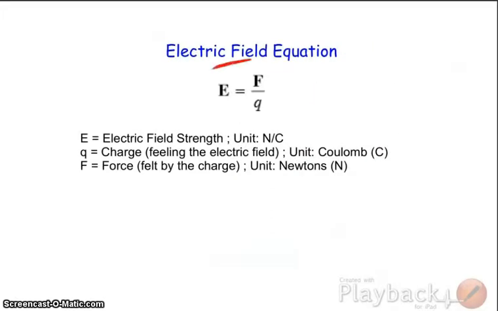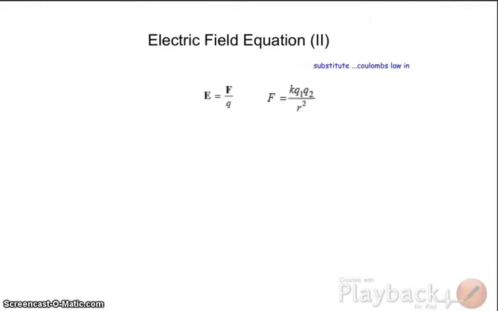Now, we like numbers when we're dealing with things in physics. So we have an equation. The electric field strength in units of newtons per coulomb equals the force felt by the charge in newtons divided by the charge itself in coulombs. Alright, electric field equation.